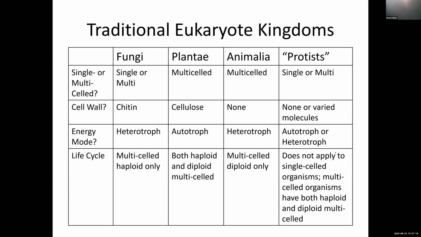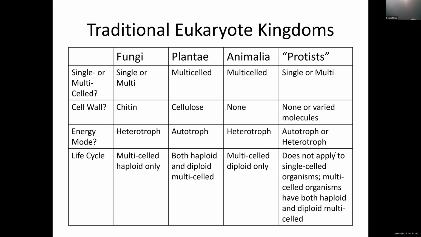So when we look at how we define the groupings within the eukaryotes, there's a traditional way that we did this, but DNA sequence data has shown more recently that this was inappropriate, that this group we used to call protists is actually polyphyletic. It's not monophyletic.